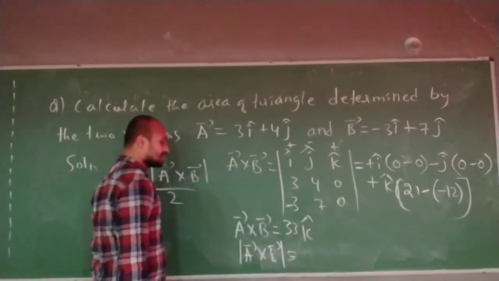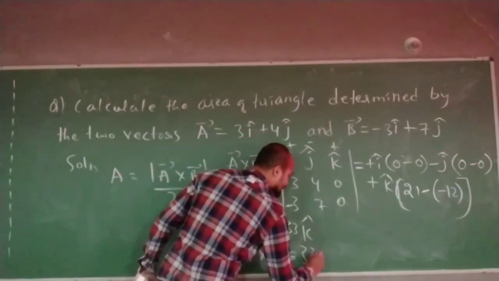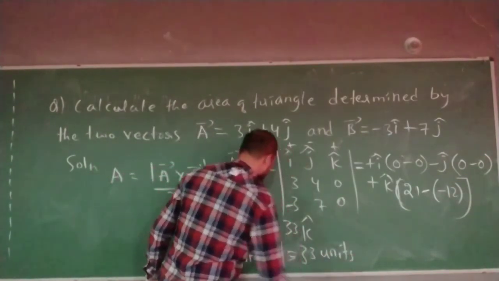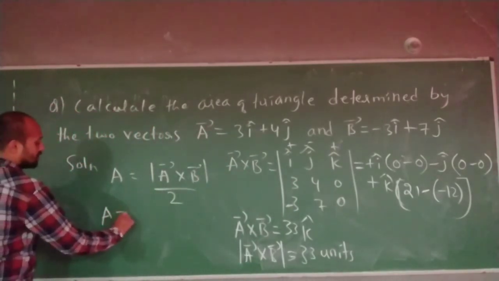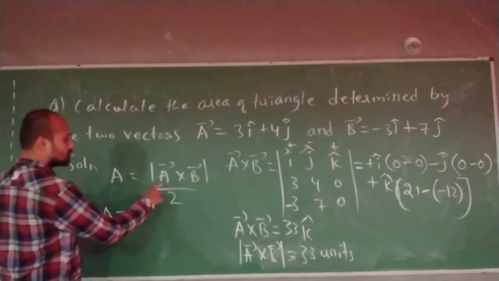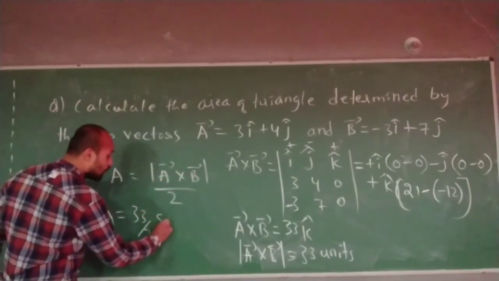So the mod value will be 33 units. Area will be A cross B by 2, that is 33 by 2 square units.